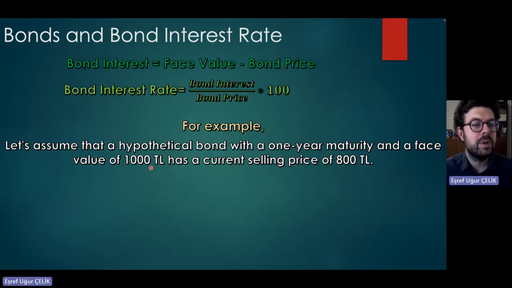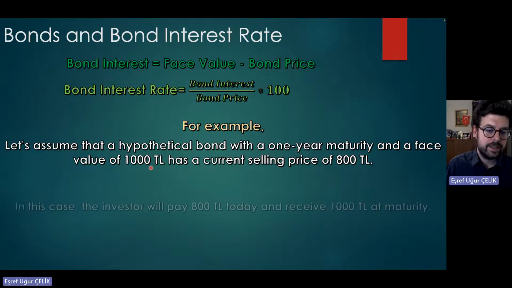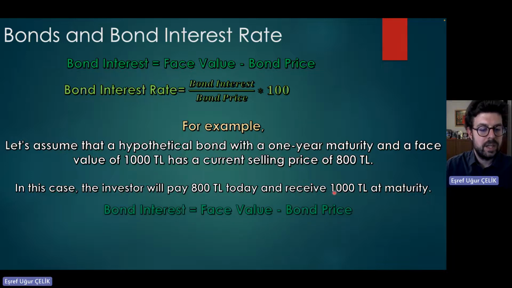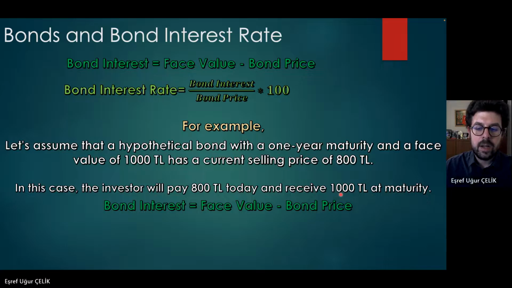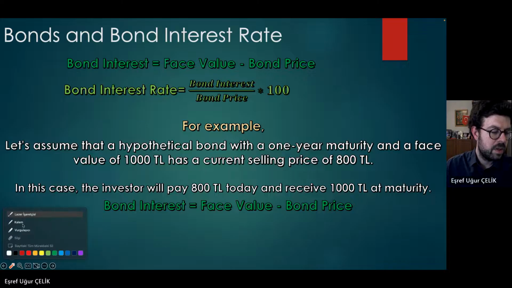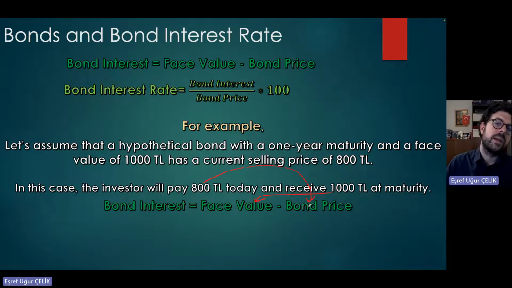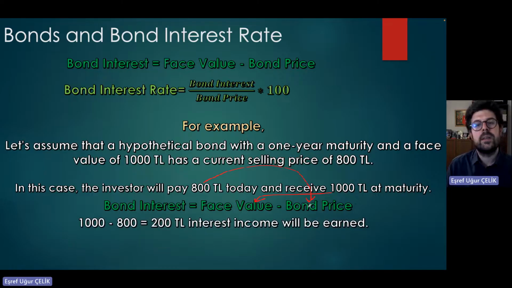Okay, let's calculate bond interest and bond interest rate. We pay 800 Turkish lira and we get 1000 Turkish lira. So the bond interest: the face value is 1000 Turkish lira, and the bond price is 800. So 1000 minus 800 is 200 interest income that will be earned. And the second question is, how can we calculate the bond interest rate?